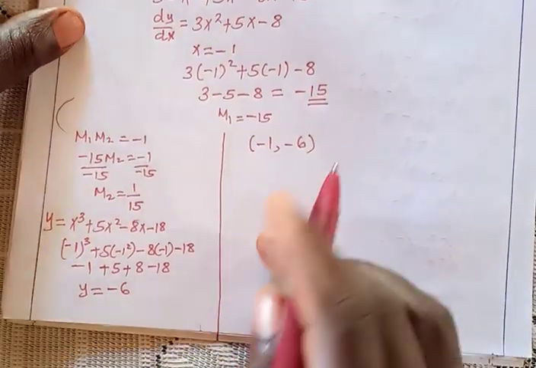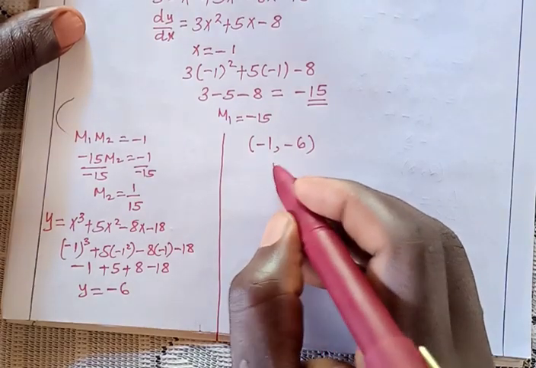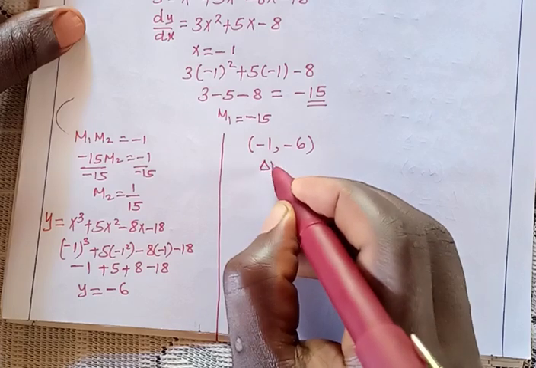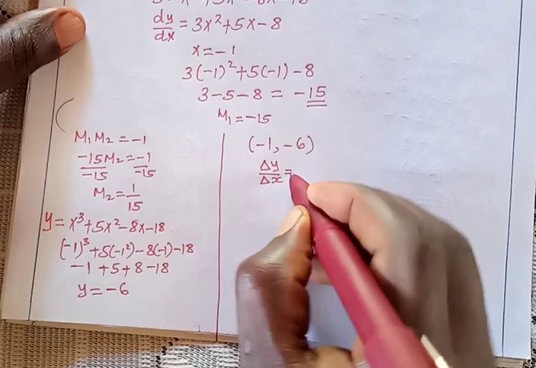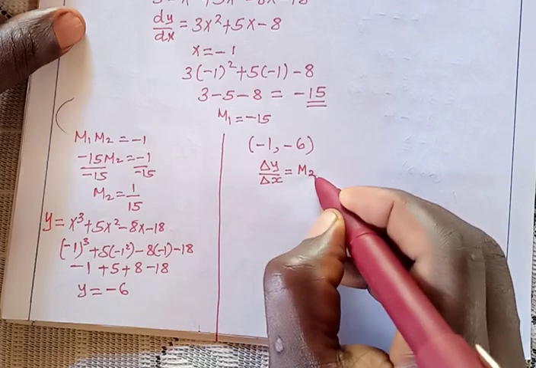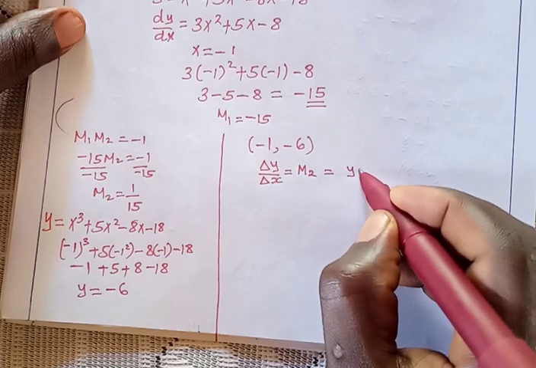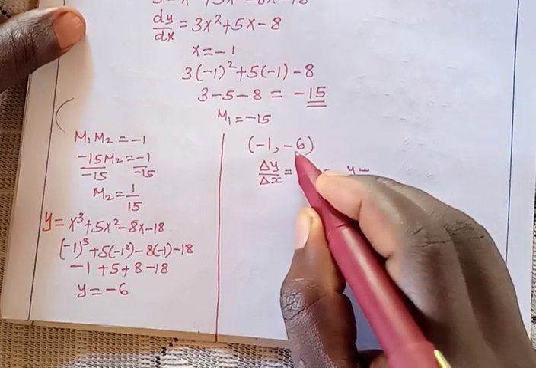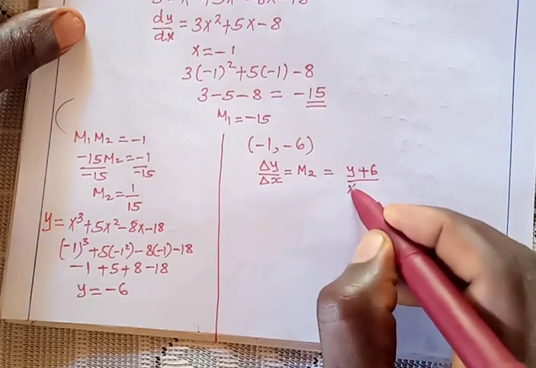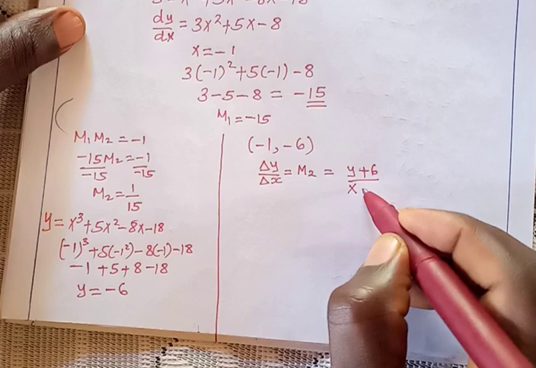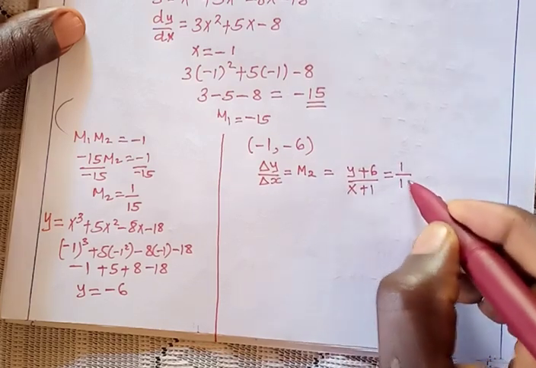Now let us proceed and work out the equation of the normal to the curve by saying it is given by the change in y over the change in x, and this time round we are going to equate to the second gradient. This means that y minus negative 6, because these are negative, is going to be positive 6, and then x minus negative 1 is going to be positive 1, is equal to 1 over 15.